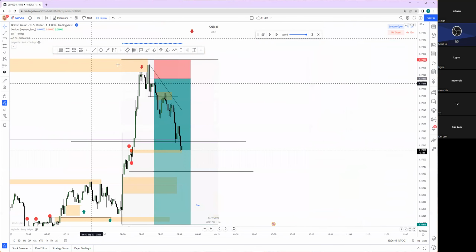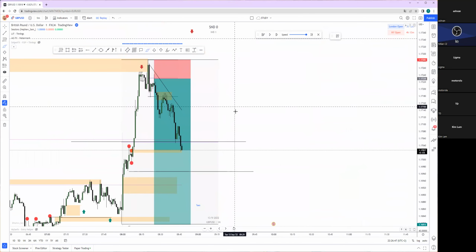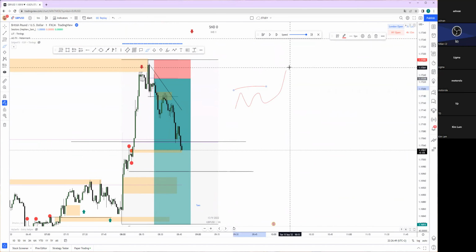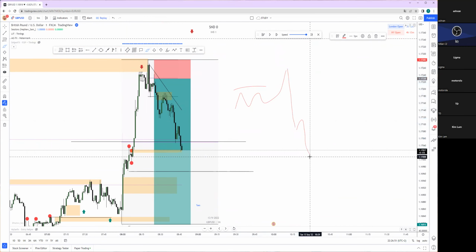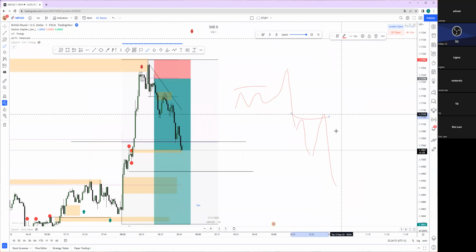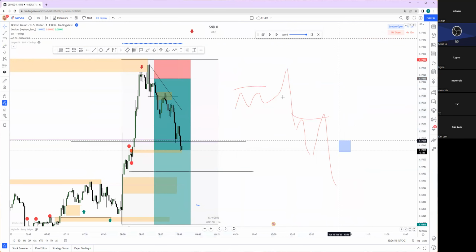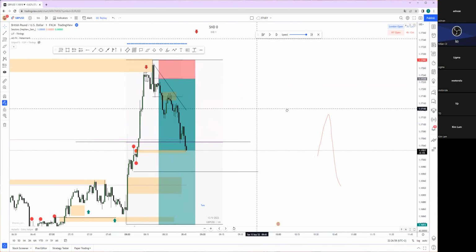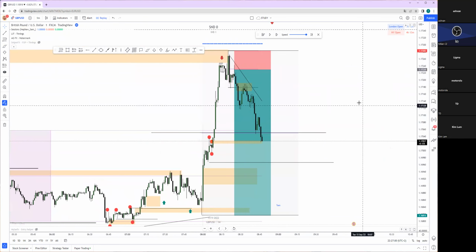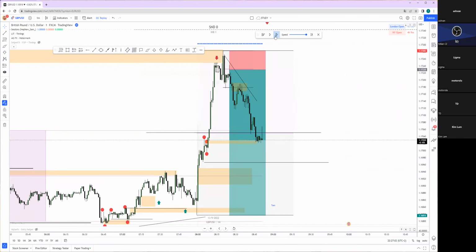Because usually what happens is that price just sweeps liquidity, goes, and then just flies down, or even sweeps liquidity, relatively bearish, but we kept building up liquidity for some reason. This means nothing though.